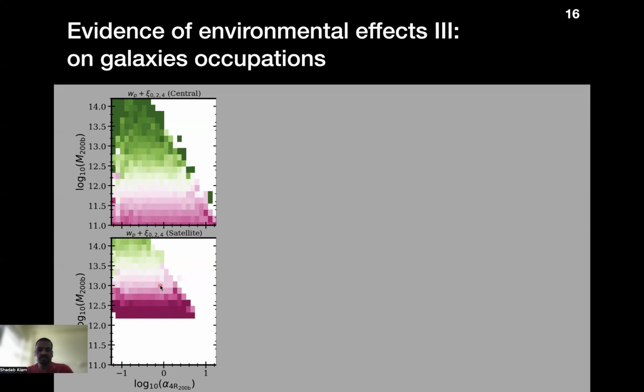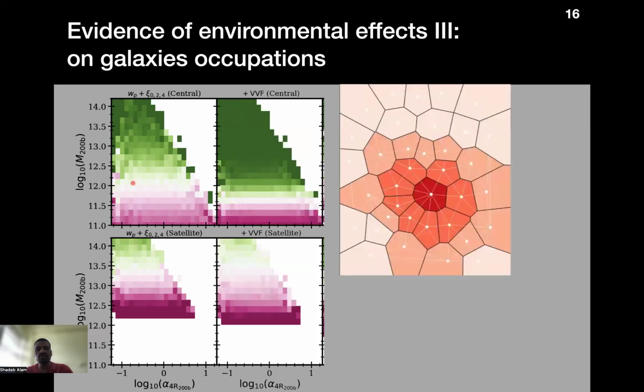As you can see, in this sample, this is for the GAMA survey, we are already populating 10 to the 11 or 11.5 halos at some non-zero, significant probability. Now, if you want to look beyond halo mass, often the two-point function is not enough, and that's what was used to make this analysis. So you might want to include something beyond the two-point function.